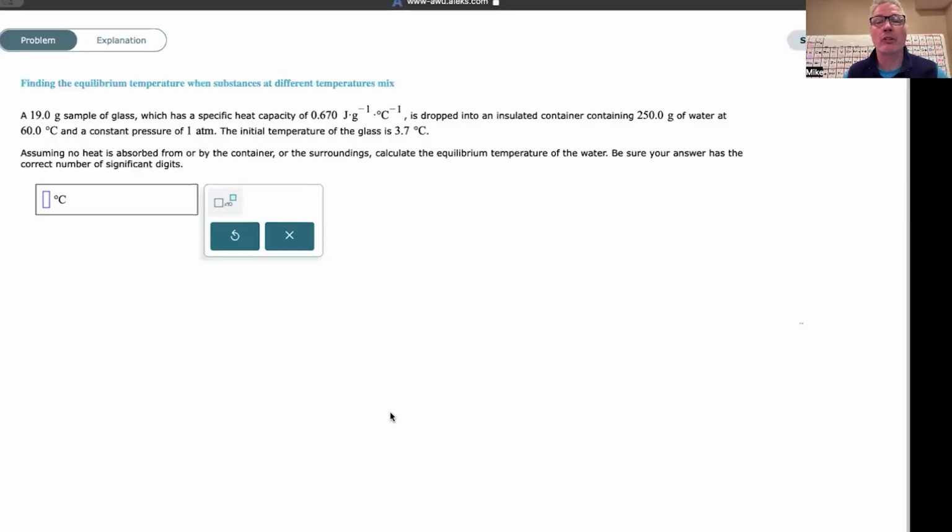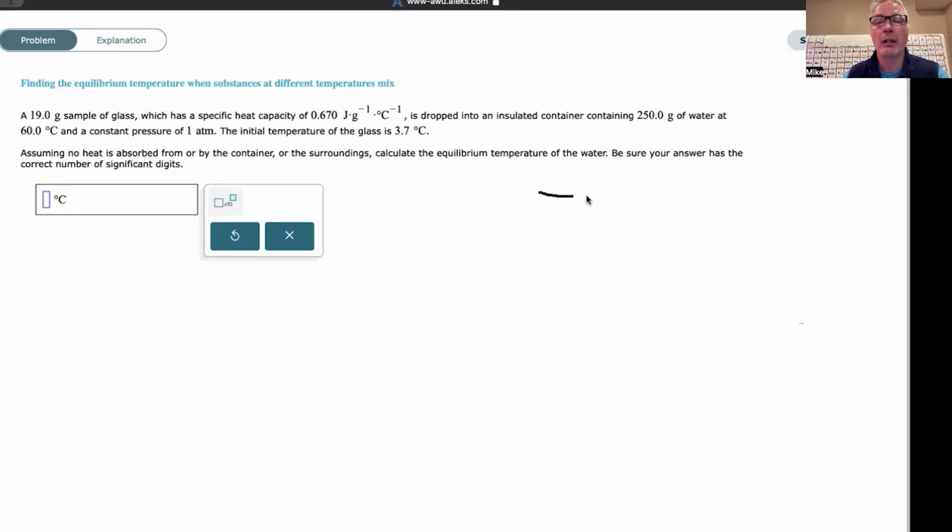It looks like here we've got a piece of glass that's dropped into a container. Let's draw a little cartoon of that. We're going to take a piece of glass and drop it into an insulated container with 250 grams of water.